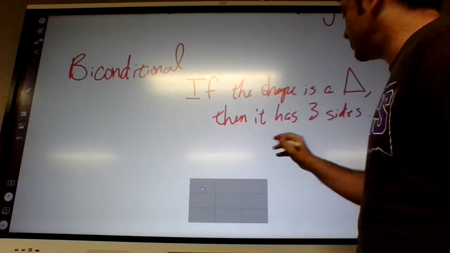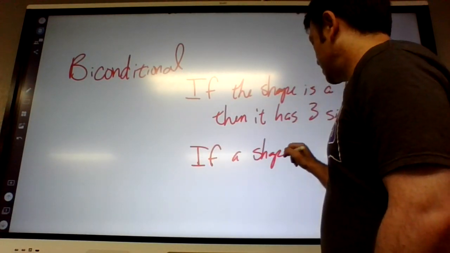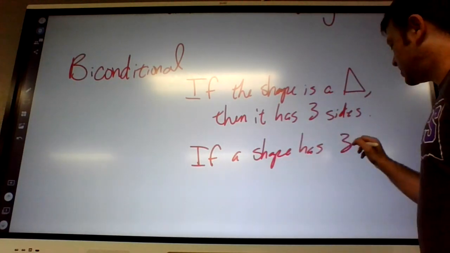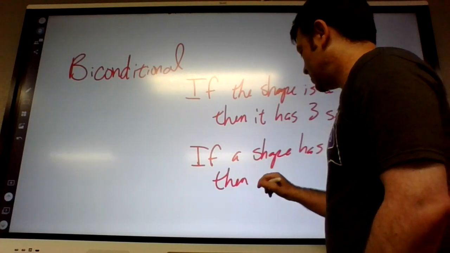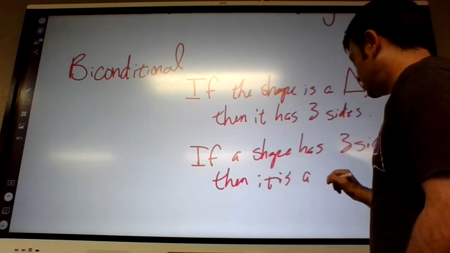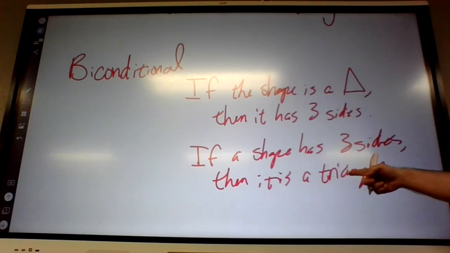And then if you say it the other way, if a shape has three sides, then it is a triangle. So those are both true. The original statement and the converse are both true.